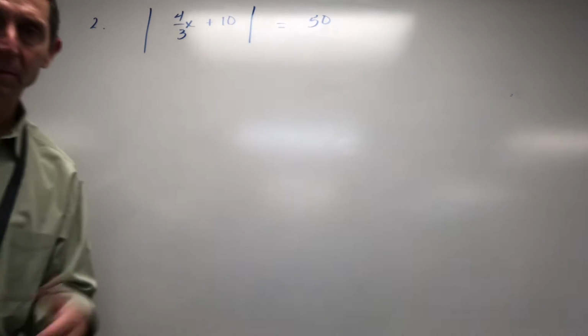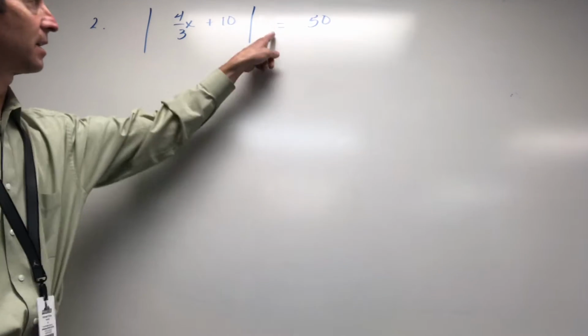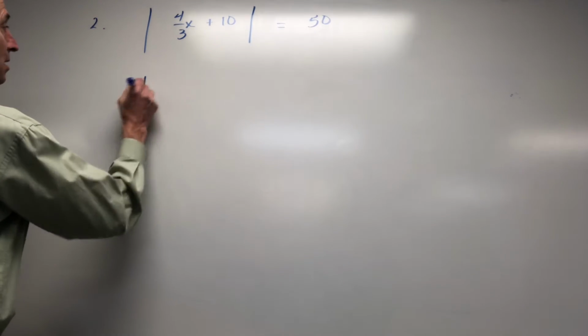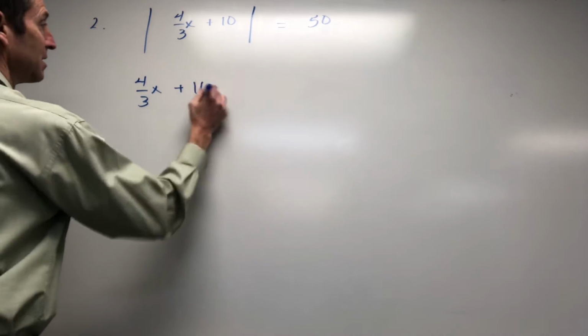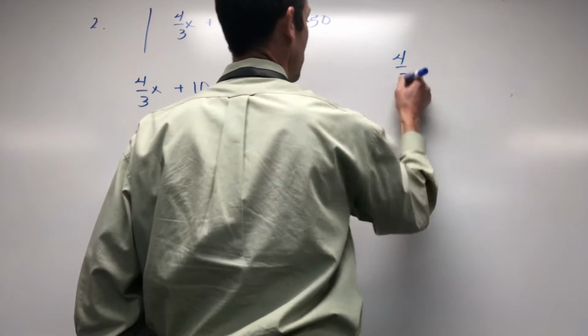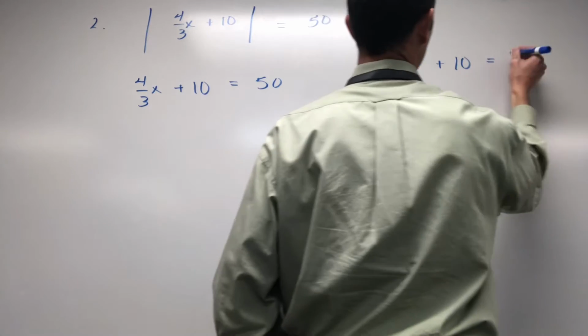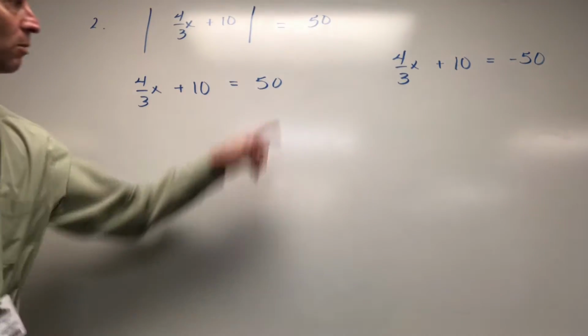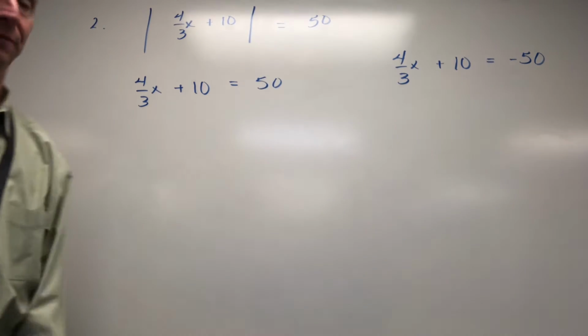You walk up to this problem and say, all right, what's my sign? Equal sign. So you run the split. 4/3 x plus 10 equals 50. 4/3 x plus 10 equals negative 50. So we've got it split, one with positive 50, one with negative 50.